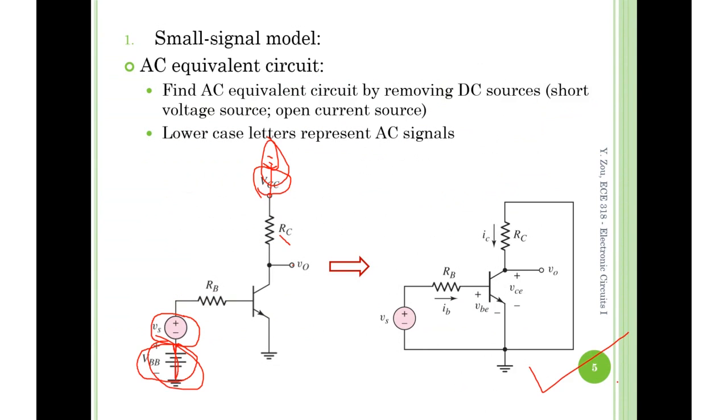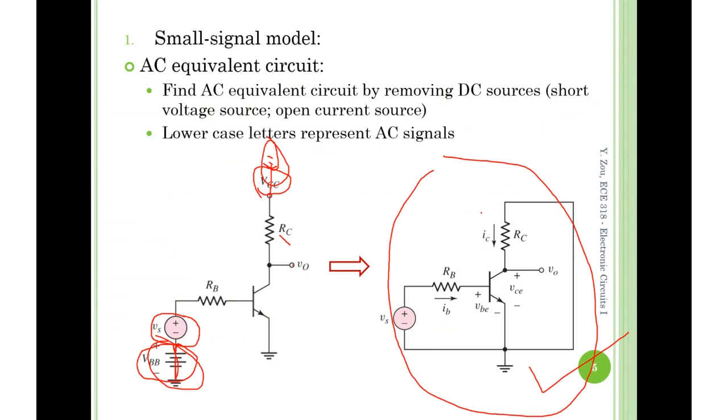This is not something difficult. However, be careful. This is not a small signal circuit yet. We call it the AC equivalent circuit, which means we have eliminated all of the DC and shorted all of the capacitors.